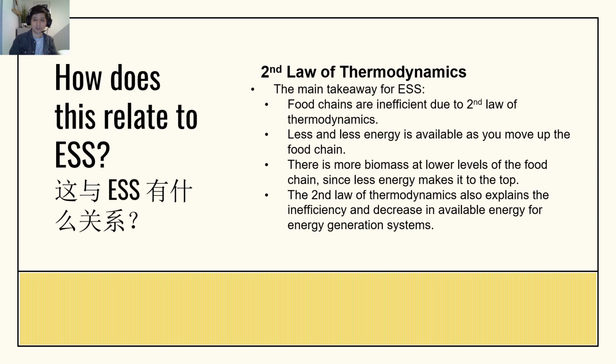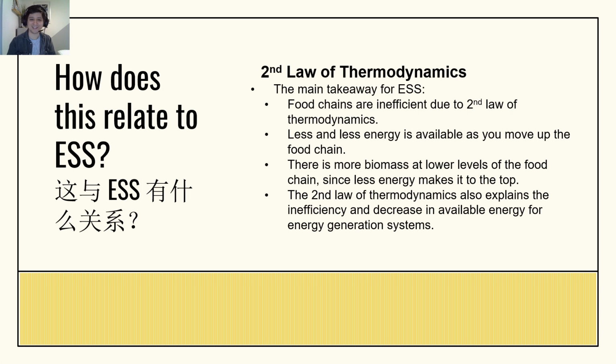The second law of thermodynamics also explains the inefficiency and decrease in available energy for energy generation systems. We'll probably talk about this in future units. Things like power generation systems don't run forever.